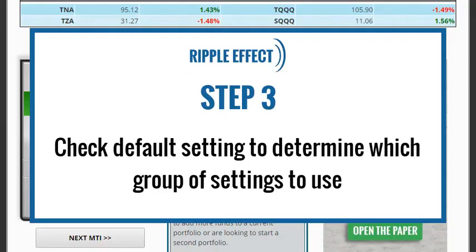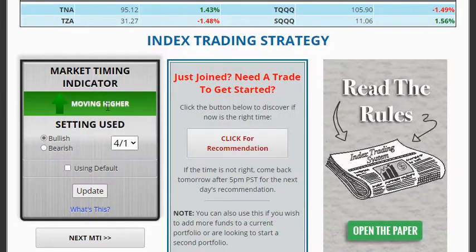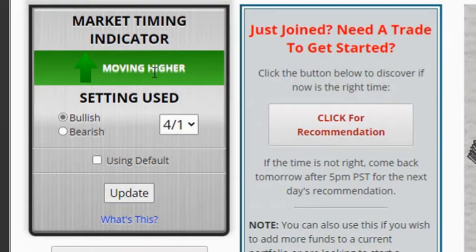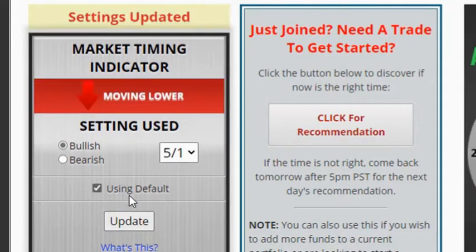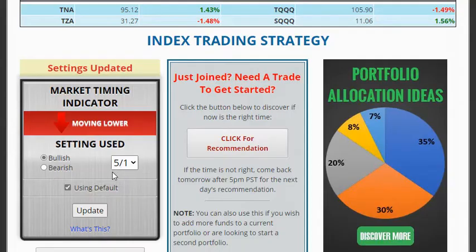Okay. Step three is we want to come here to your market timing indicator, and we're going to put in the default setting because we want to know what the default setting is, and that will determine which group of settings we're going to use for the ripple effect. So we'll update it, and we can see here that the default setting is a bullish 5-1.